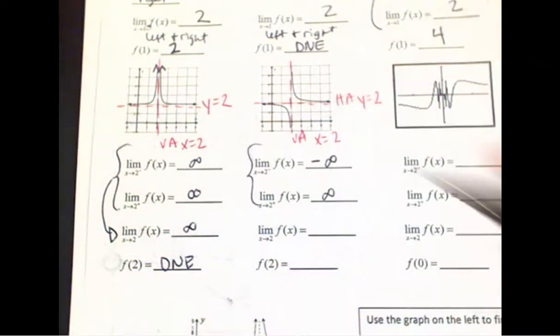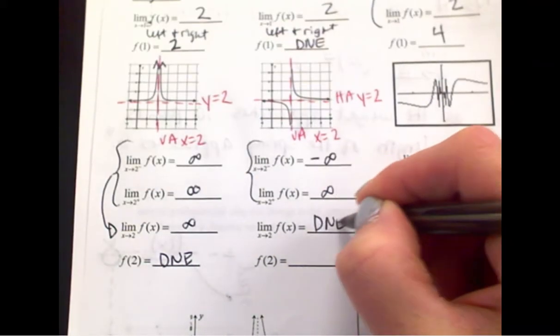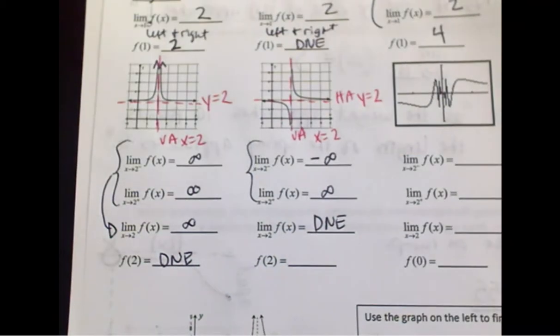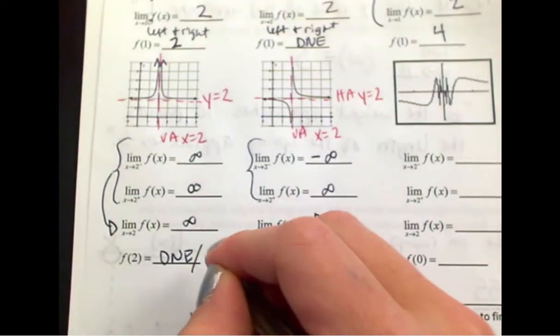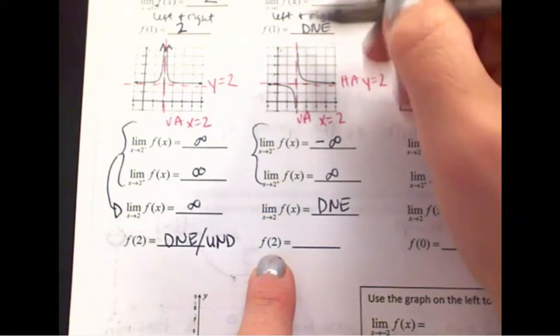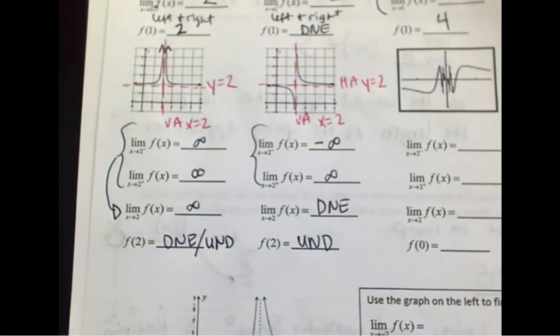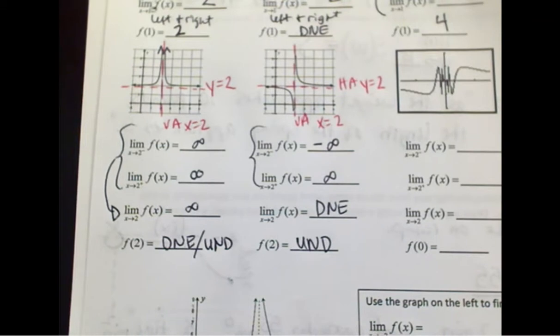Notice that the first 2 statements don't match. Does not exist. I'm going to put undefined here. Okay, f of 2. There is no point. Yeah, it does not exist, undefined. They're kind of interchangeable. I won't make you pick between the two. There's small differences between them.